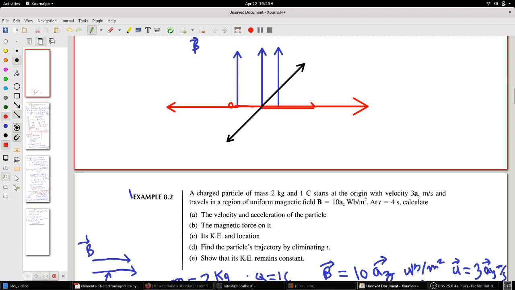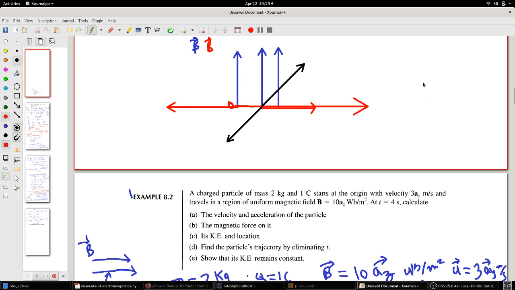Suddenly, let's say there is a magnetic field which comes in. You turn on the magnetic field. There is a charge which was moving in this direction, and suddenly you turned on the magnetic field. So what happened here was this guy will experience a force.